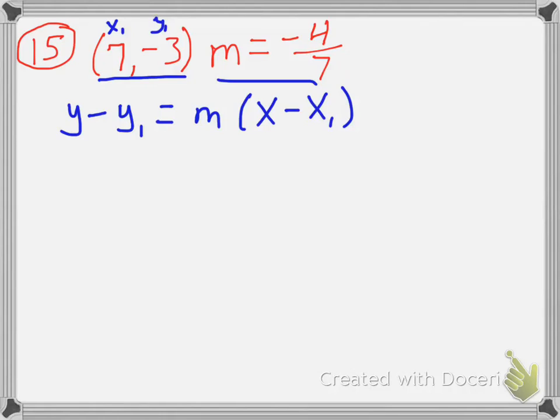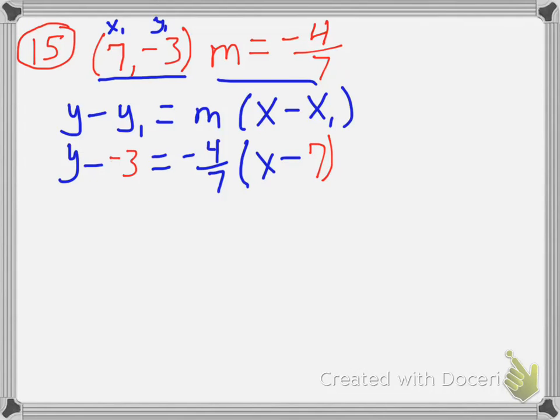When I plug into the formula here, it's going to go y minus, in this case my y1 is a negative 3, equals, my slope is negative 4/7, parentheses x, and my x1 is going to be 7.